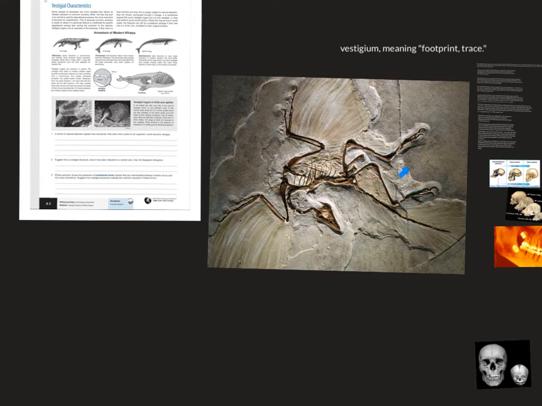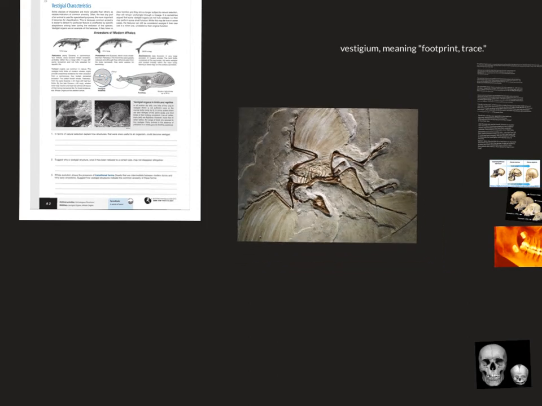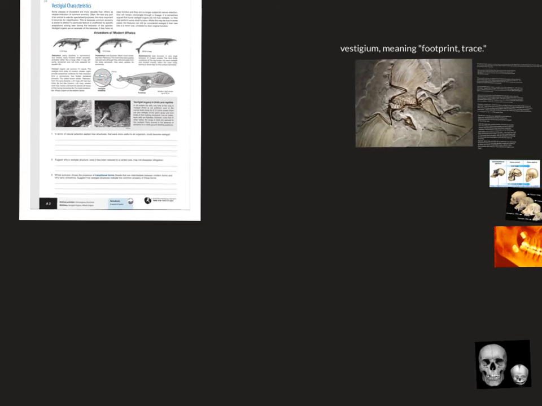So here's this fossil that's part lizard and part bird. So this is what we would call a transitional fossil. It's a form that's in between the lizard form of the dinosaur and the bird form of the dinosaur. So that would be an example.